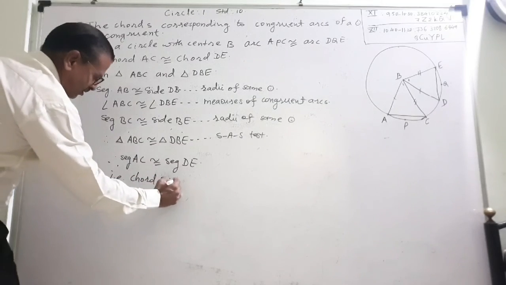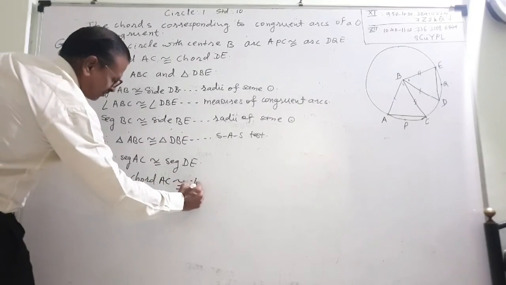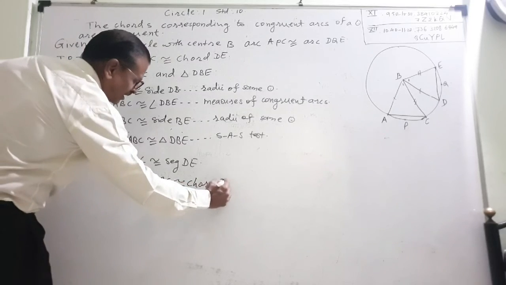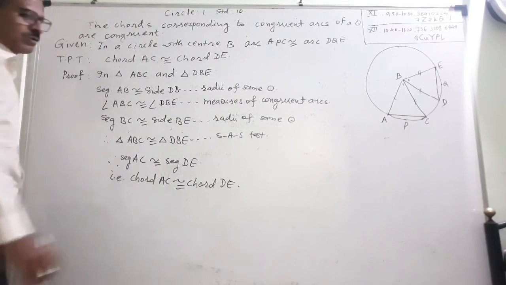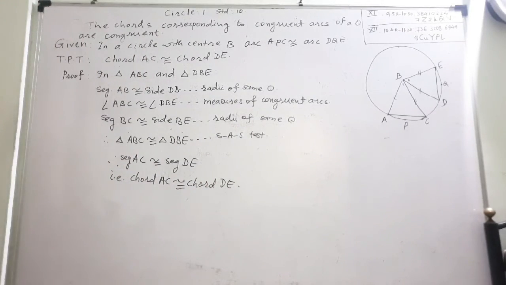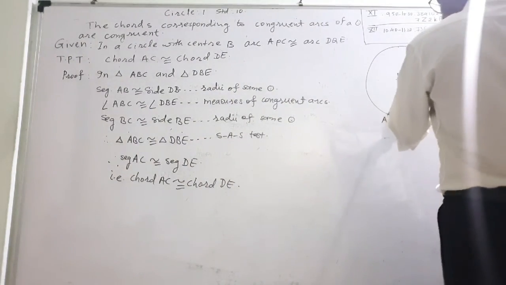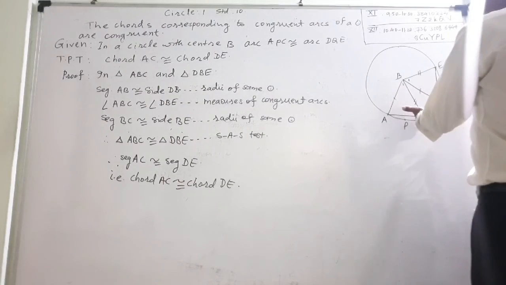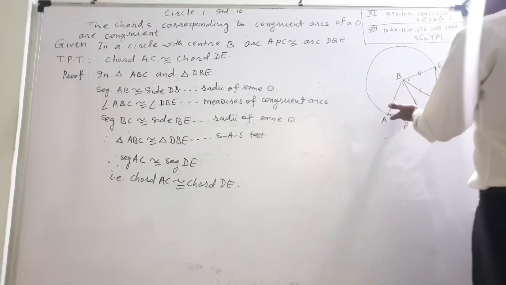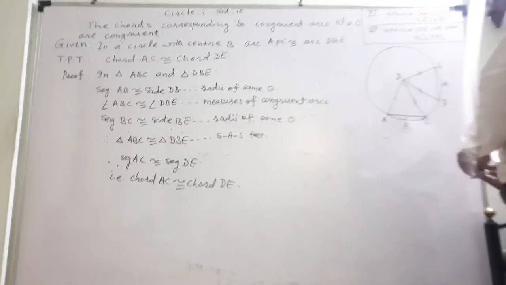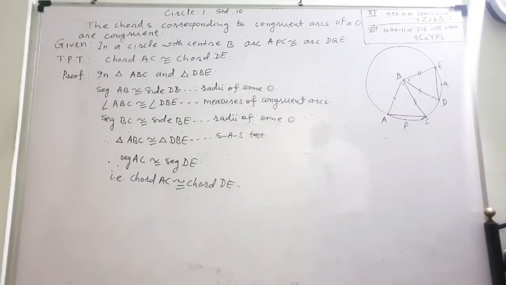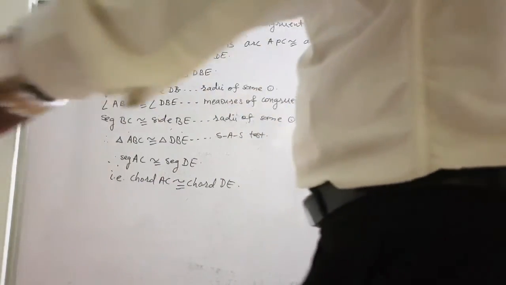Chord AC congruent chord DE is proved. Because in the circle, if a segment is touching two points on a circle, then it is called a chord. This is a segment, but for this circle, this segment is a chord. This segment is also a chord. So hope that you have understood this, and here we will stop the video. So next time we will go for the other.